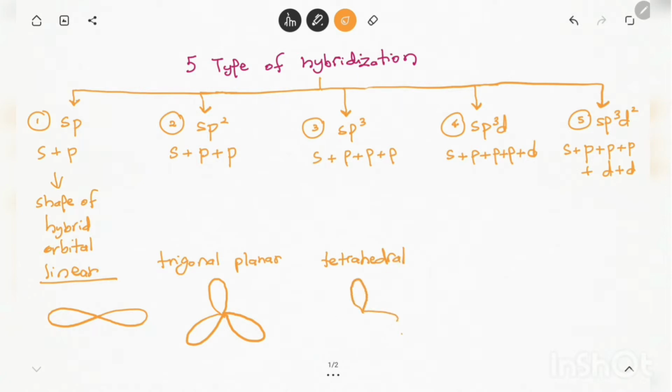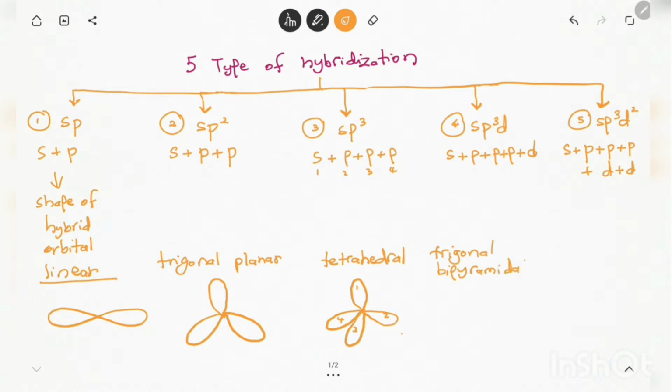For tetrahedral, since we have 4 orbitals involved, 1, 2, 3, 4, we need to have 4 lobes. For sp3d, the shape is trigonal bipyramidal.